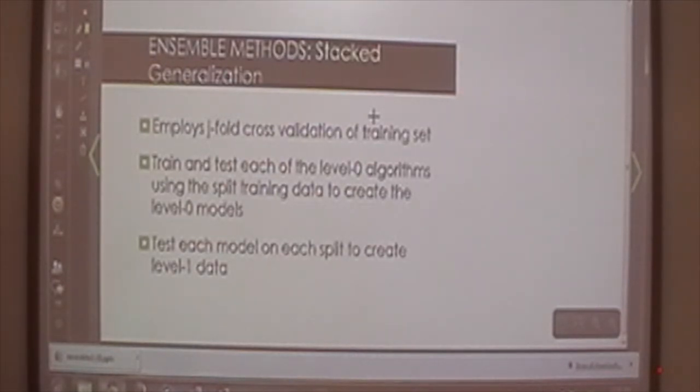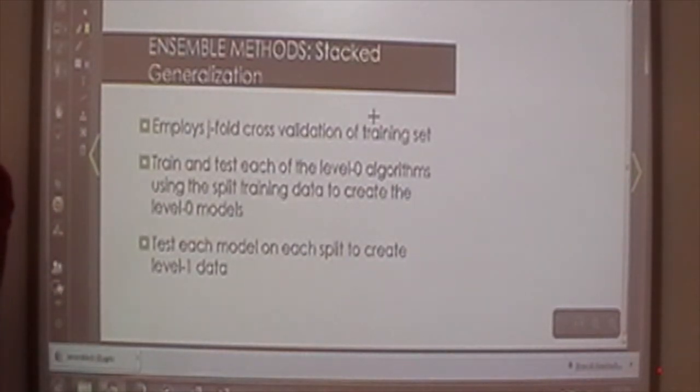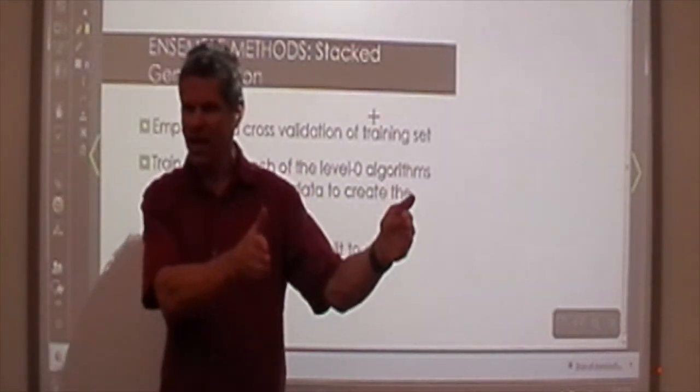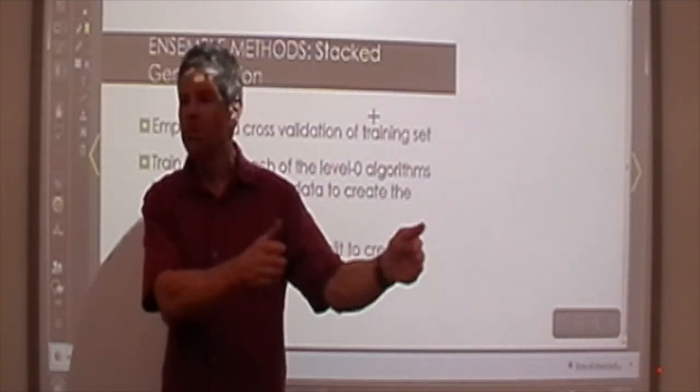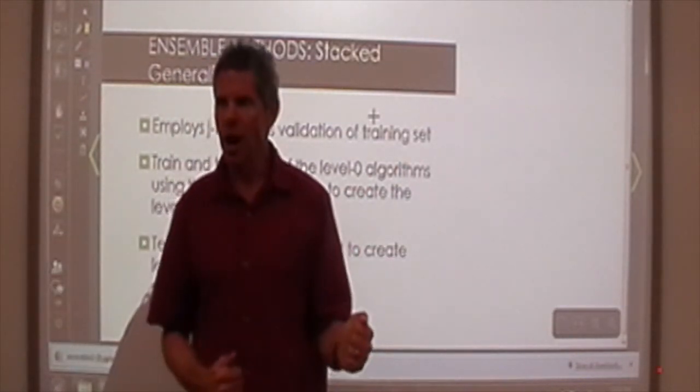And now we're going to train and test each of the level 0 algorithms using the split training data. And that's what we're going to use to build our level 0 models. So in that example of 10-fold cross-validation, we'll use 9/10 of the data for training and 1/10 of the data for testing, and that will create one of our models. And then we'll use a different 10th of the data held out, a different 9/10, and that we'll use to create another model.